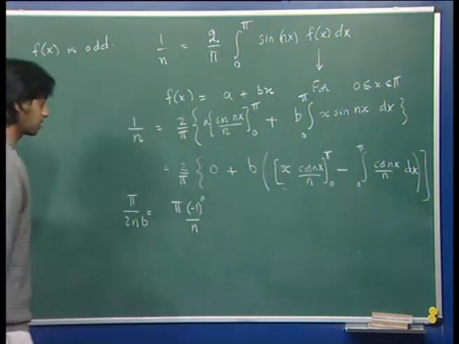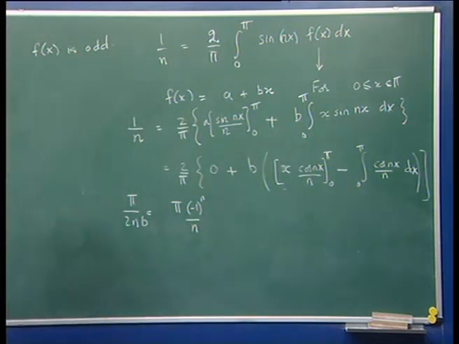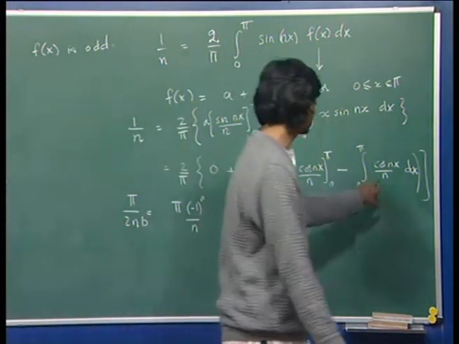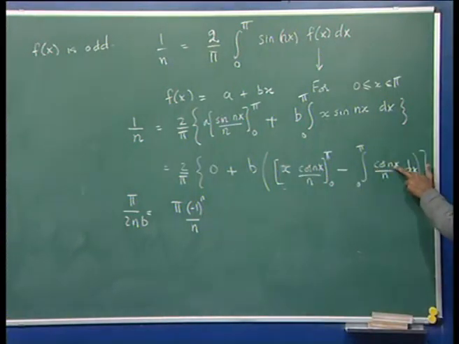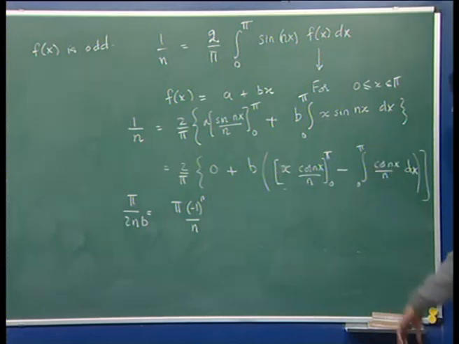In this case the integral of cos(nx) will give me sin(nx) by n, and sin(nx) from 0 to pi will just give me 0.